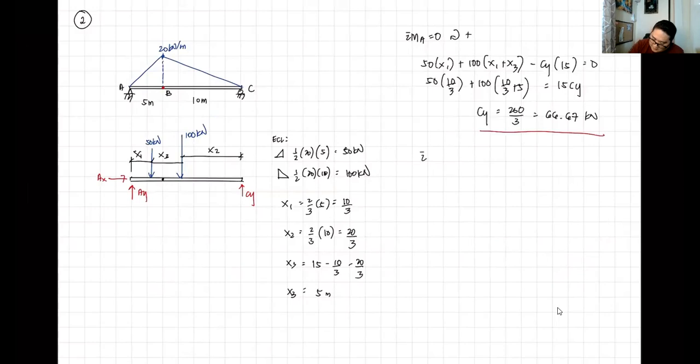Next, summation of moment papunta kay C equals to 0. Taking counterclockwise as positive. So we have yung 100 natin will travel x2 plus yung 50 natin will travel ng x2 plus x3. And then minus yung AY natin will travel 15 equals to 0. Si AX is the same point, no? Kaya wala tayong perpendicular distance sa kanya.